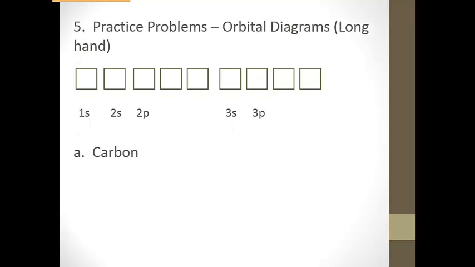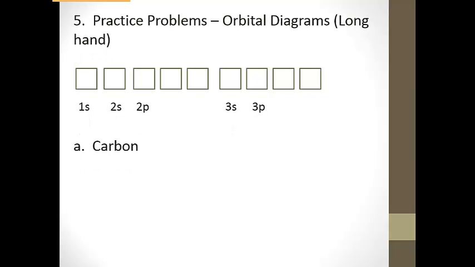Alright, so let's do some practicing. We're going to start with carbon. If you have a periodic table handy, you're going to notice that carbon has 6 electrons. So using all of the rules that we just went over, we know that we have to start with our lowest energy first.